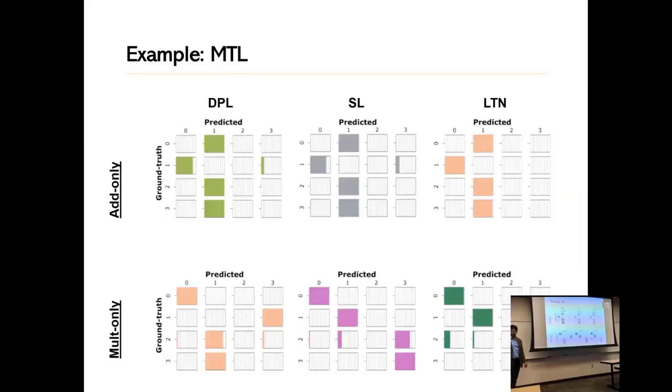So we can also see here, looking at the confusion matrix, what happens when you have add only and multiplication only. You see, almost all the time, you don't have any diagonal lines. So you see it's quickly becoming confused.